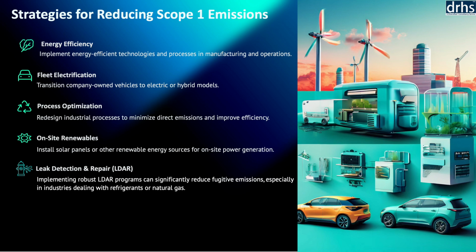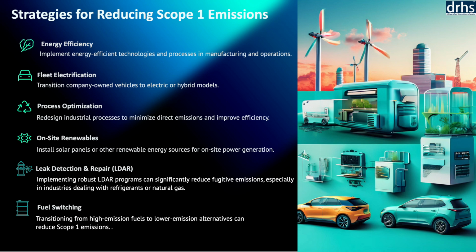According to the Environmental Defense Fund, effective LDAR program can reduce methane emission by up to 80%, significantly lowering overall scope 1 emission for companies involved in natural gas production and distribution. The Environmental Protection Agency, that is EPA, notes that LDAR program can result in significant emission reduction and cost saving by minimizing product losses.